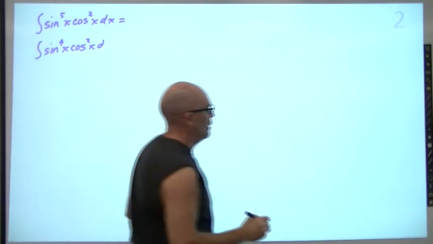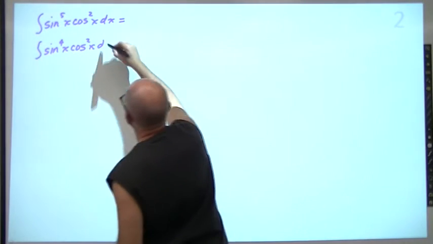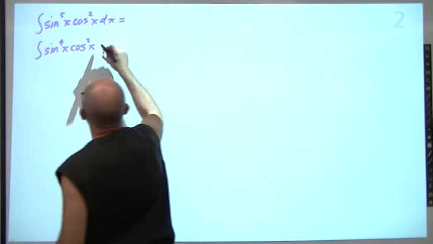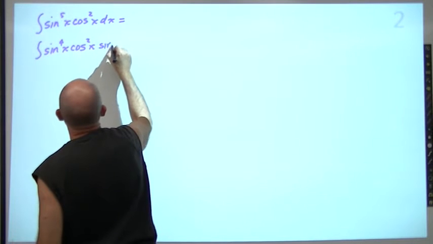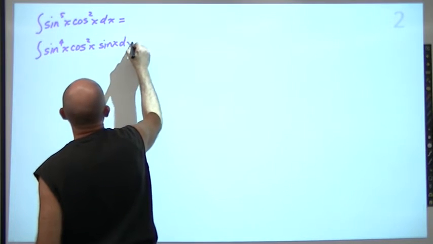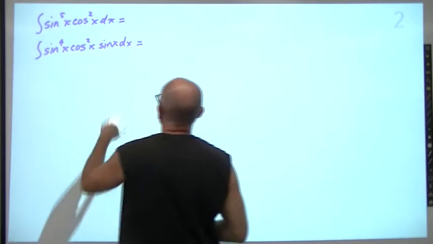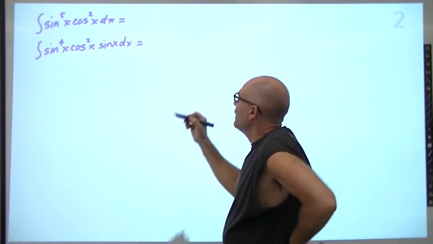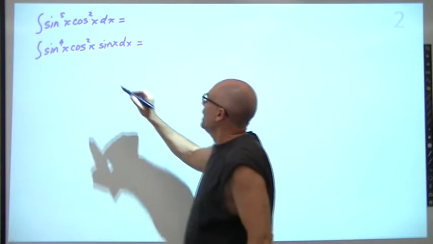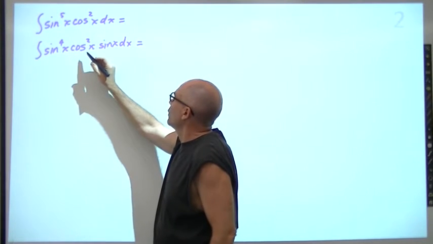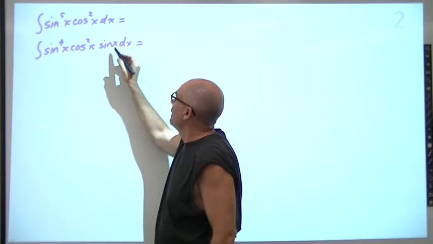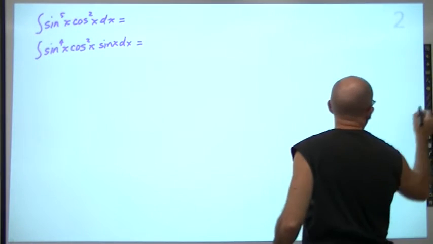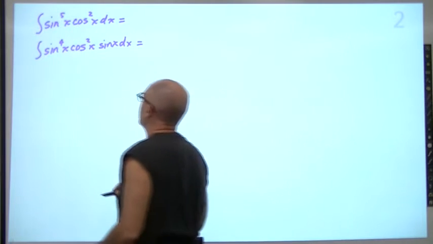Oops, rats, blew a tire. I forgot the whole point of that was to squirrel away my sine x dx. All right, now, notice I've got sine x dx. That means if I let u equal cosine x, then du is going to be negative sine x dx. So that's exactly what I'm going to do.